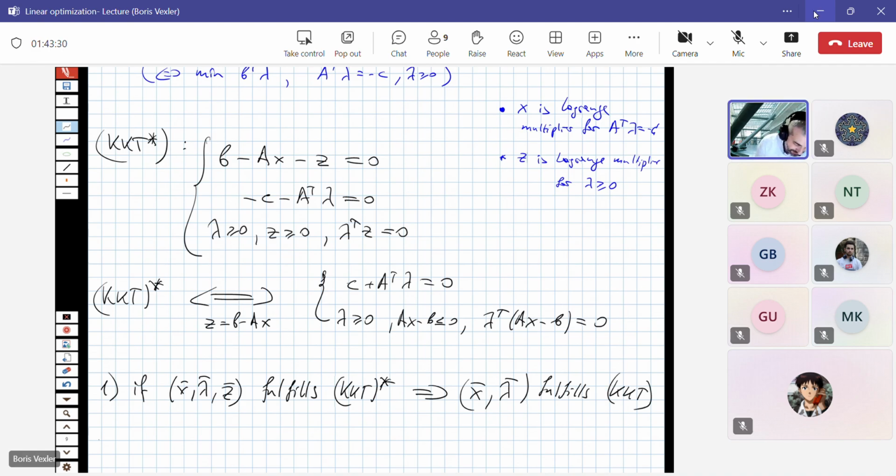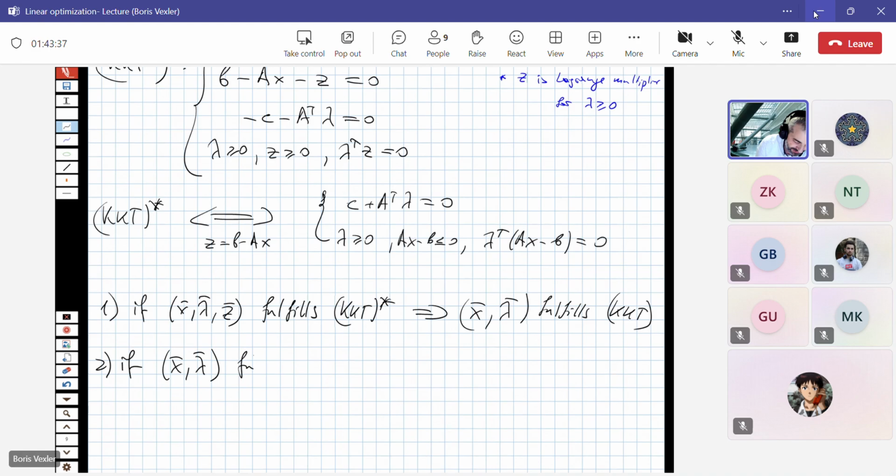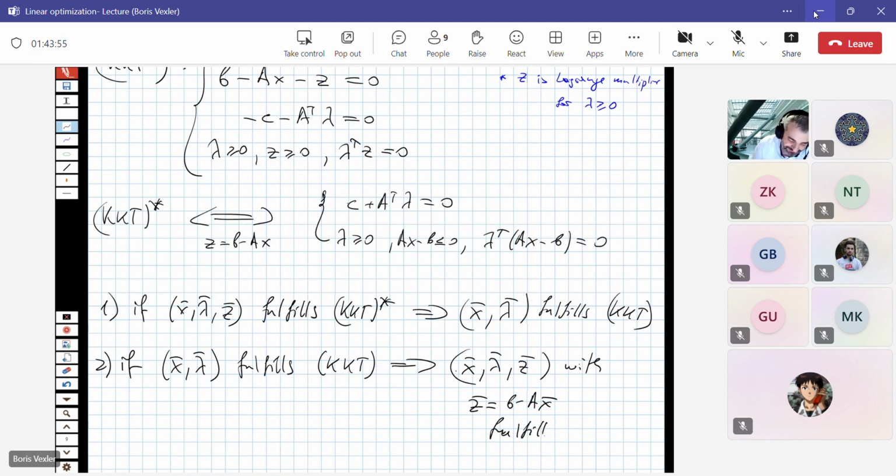And also the other way around: if some x bar, lambda bar fulfill the original KKT system, then the triple x bar, lambda bar, z bar with z bar equal to b minus Ax bar fulfills KKT star. In this sense, these two systems are equivalent.